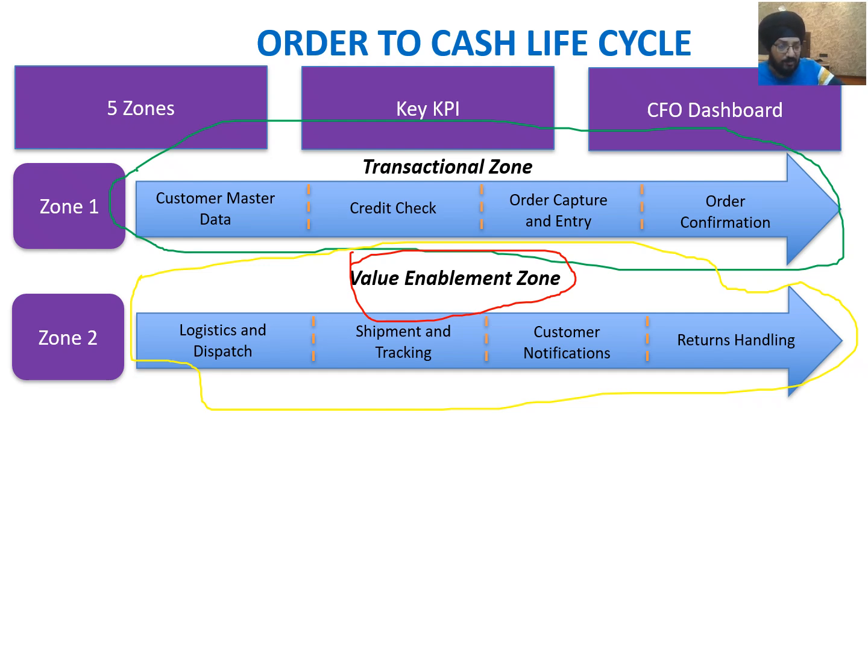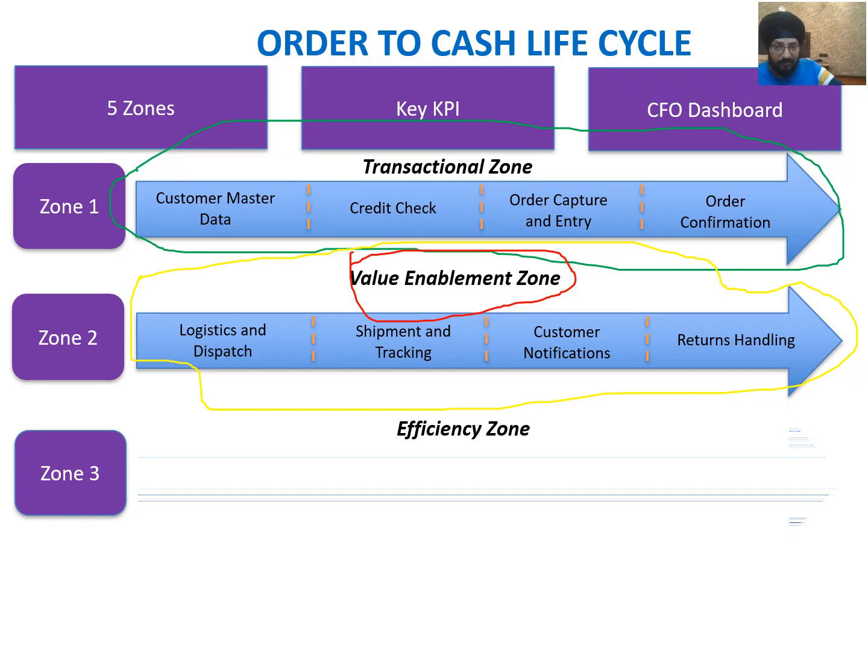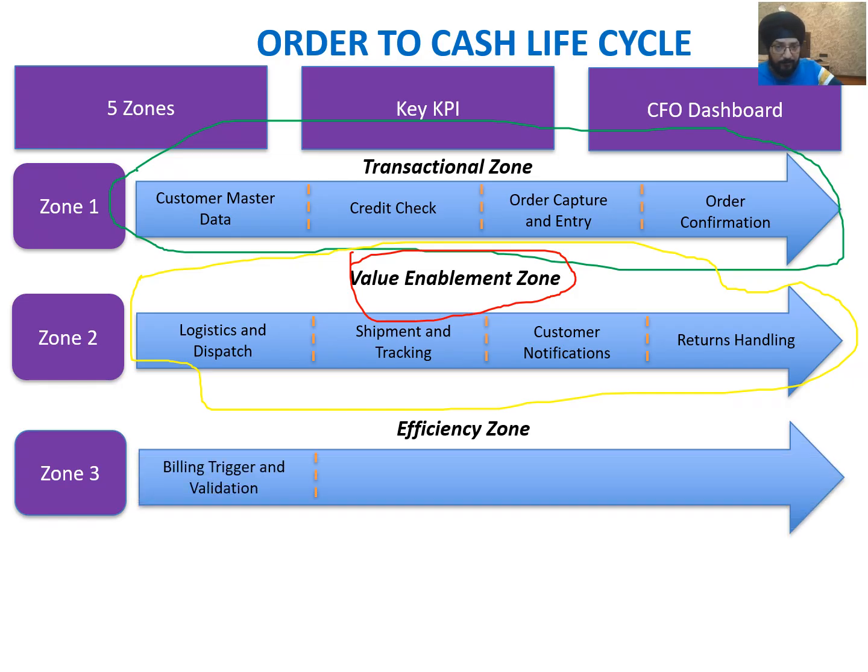Now, let's move to the third zone, the efficiency zone. This is zone 3 for us. And what does this zone say? Billing trigger and validation. So why is this the efficiency zone?